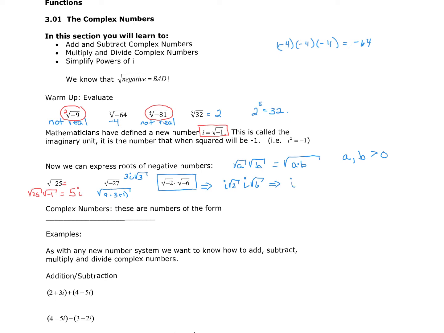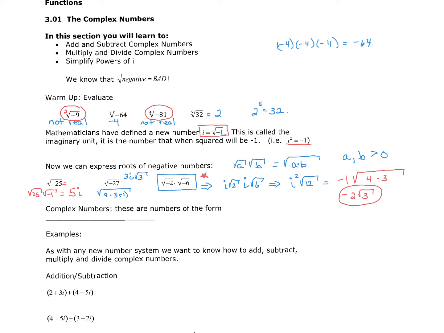Then we'll get i squared root 12. By definition, i squared is -1, so we'll have -1. I'm going to think of 12 as 4 times 3, so we'll get -2 root 3. So remember, if you're going to be multiplying, you do have to take your i's out first.